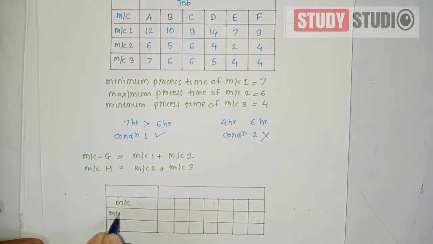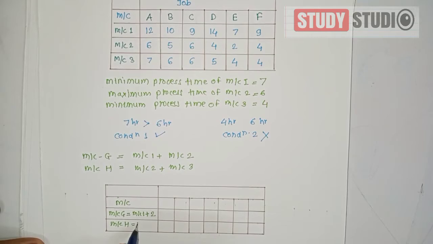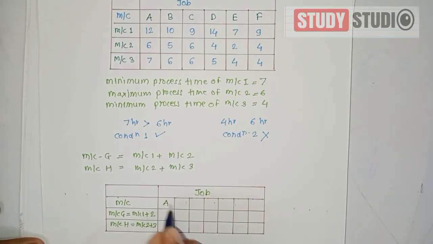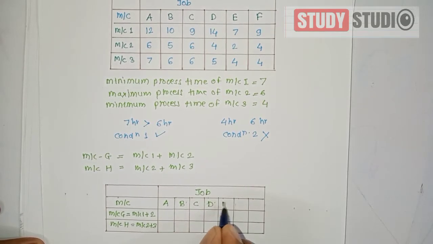So machine G, which will be a combination of machine 1 plus 2, and machine H will be a combination of machine 2 plus 3. Here I'll write the number of jobs, that is A, B, C, D, E and F. So this is the extra column.